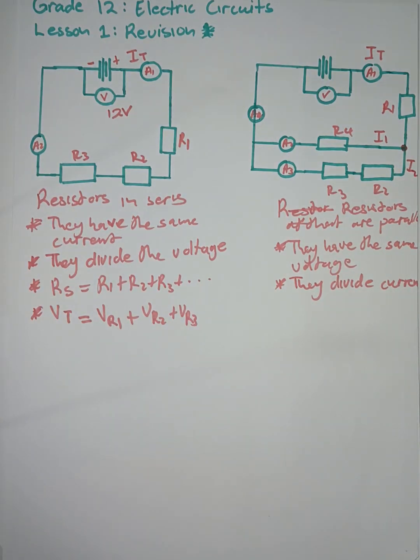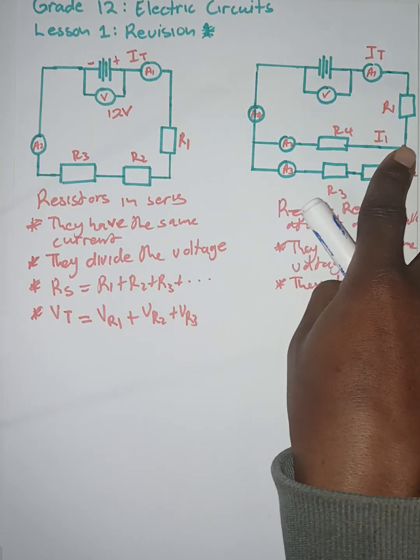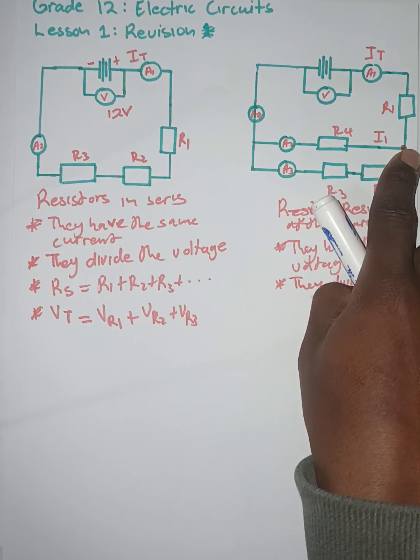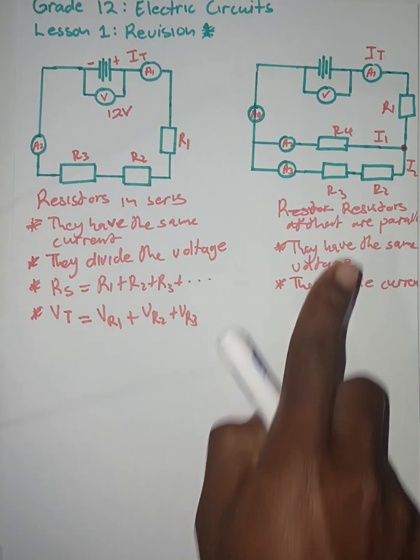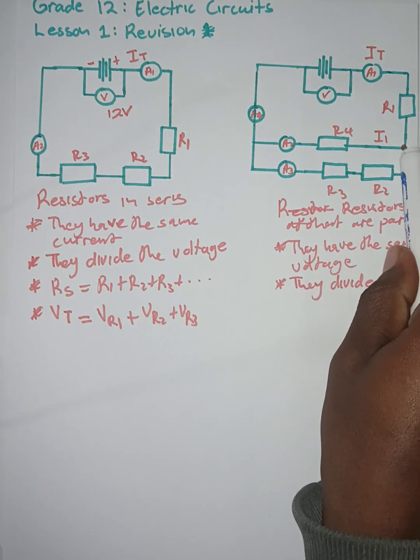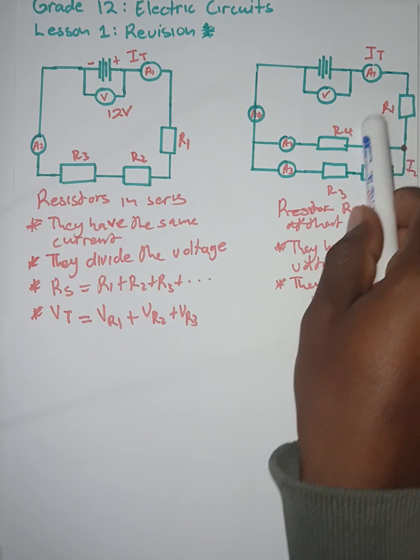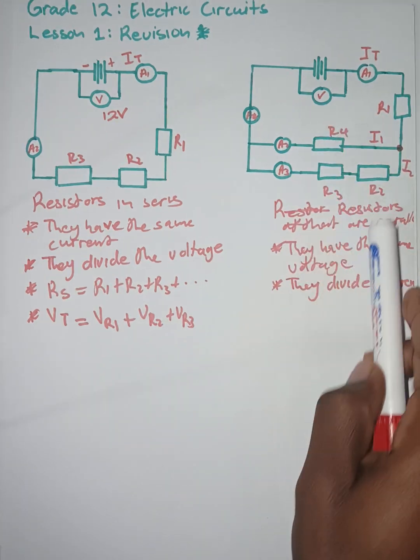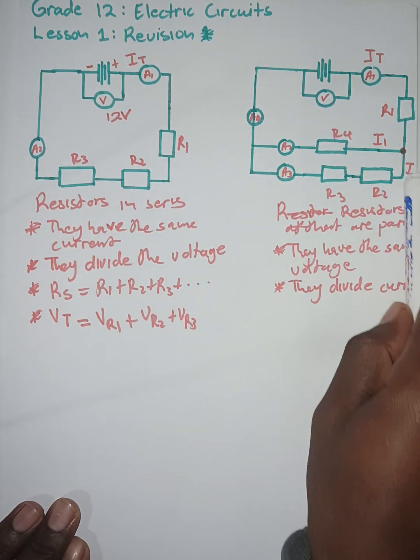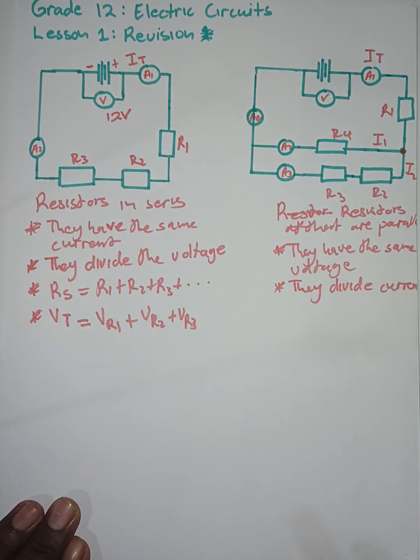So that's one thing that you must note, that resistors that are parallel to one another divide the current. At that node you have the total current, but immediately after you pass that node, some of the current splits and goes to that branch, and some of it travels through the other branch.